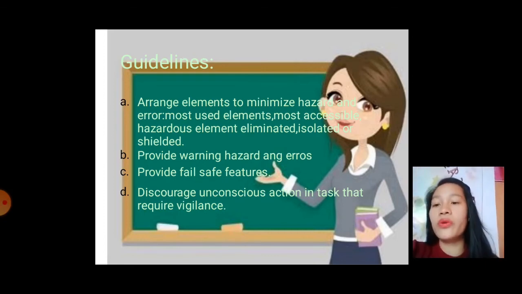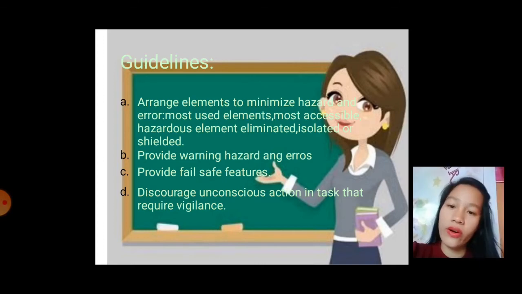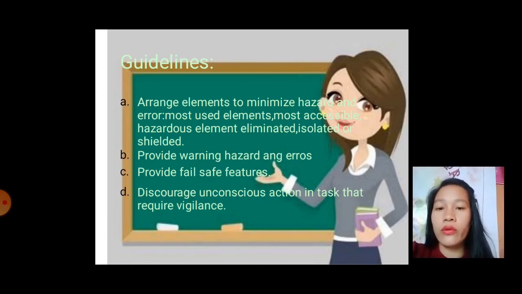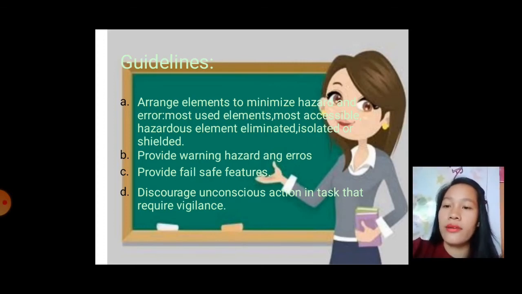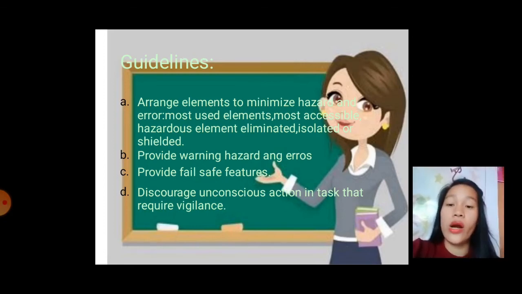Letter B, provide warnings of hazards and errors. It is really important to have warnings of hazards for us to avoid them and be aware of the things that we are going to do. Letter C, provide fail safe features. And letter D, discourage unconscious action in tasks that require vigilance.